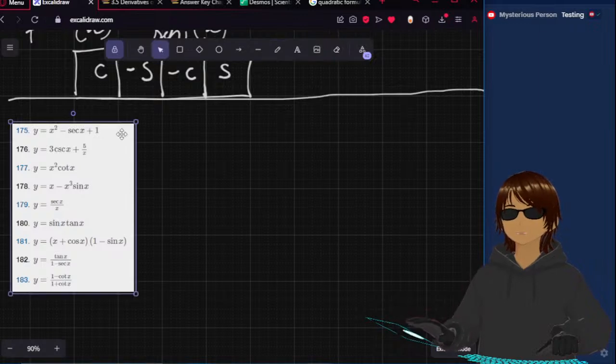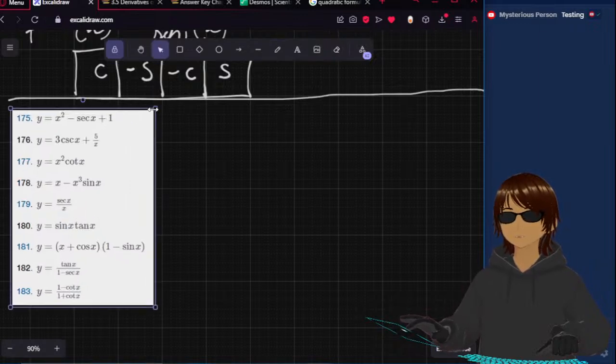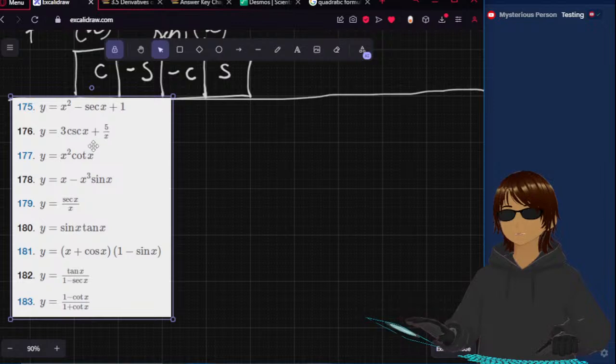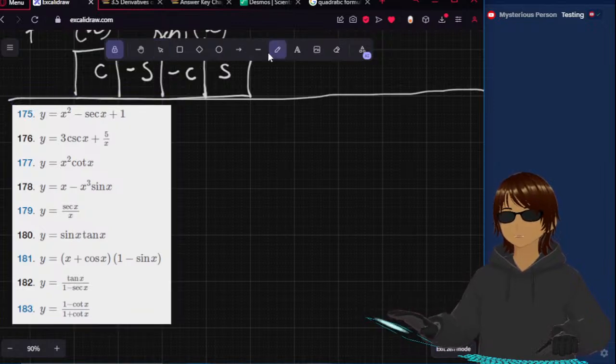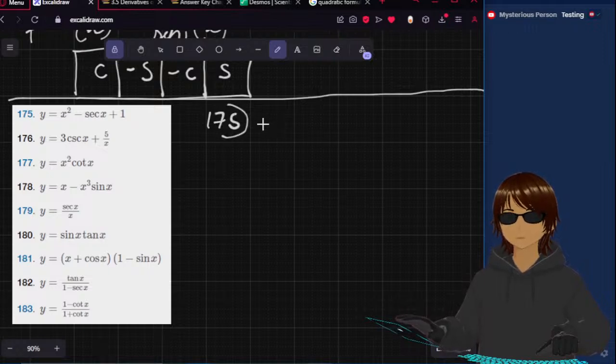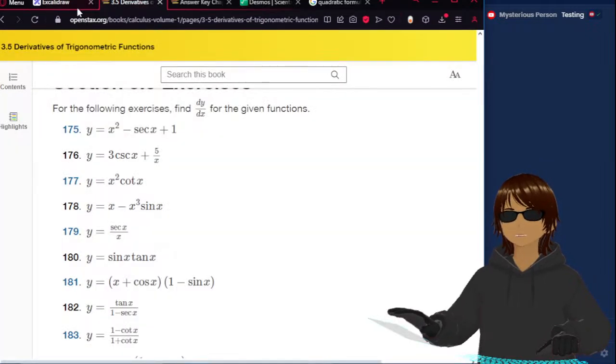Don't know if you guys can see. I'll just make it bigger. So I will write f of x for all of them. I have to find only the first derivative. Okay.